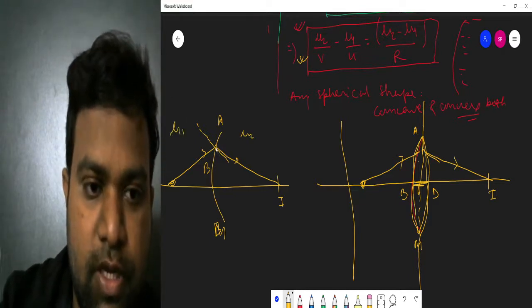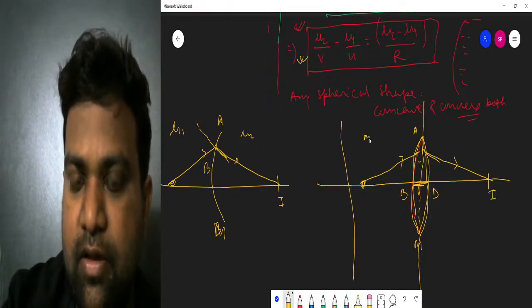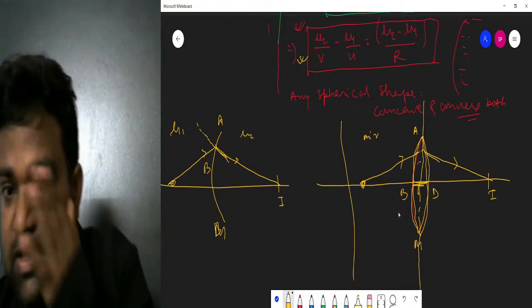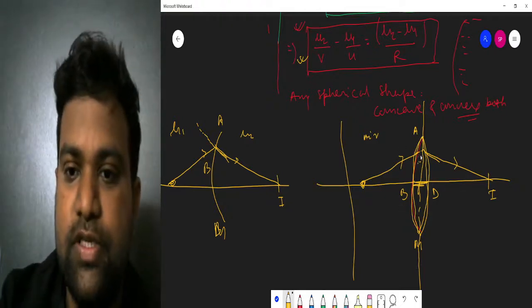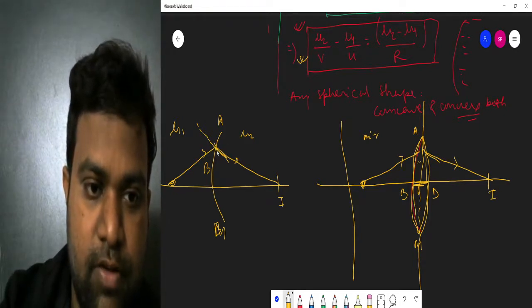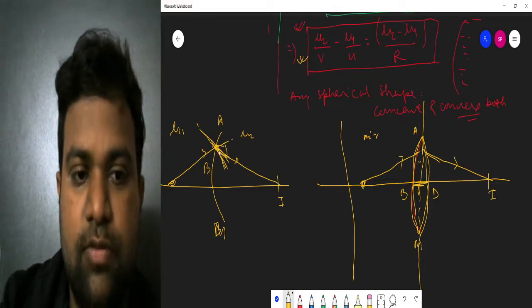Here, as inside is denser, let's say this is air and this is glass, this lens is made up of glass. So mu2 is greater than mu1. Hence, this is your normal, so bending will be towards the normal. Instead of going this way, it is bending towards the normal.